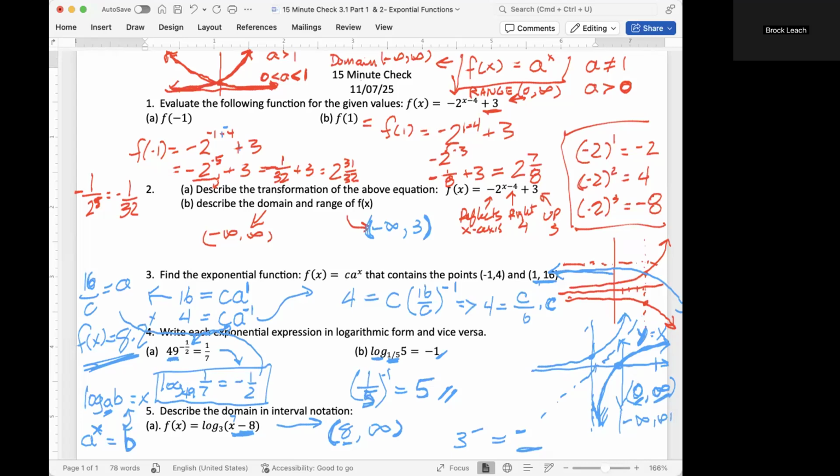So I can't raise a positive base to any number and get 0. That'll never happen. It breaks our rules, the ones we originally established over here with our bases. They can't equal 1 and they have to be greater than 0.